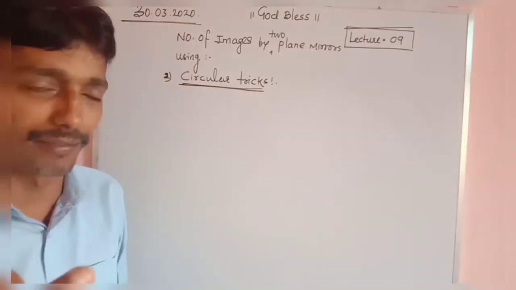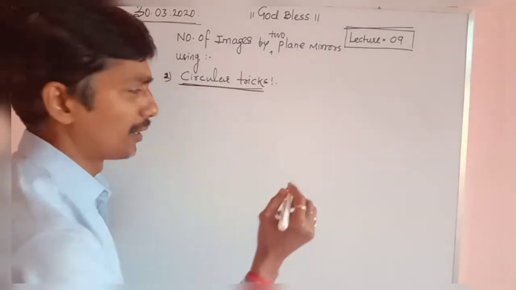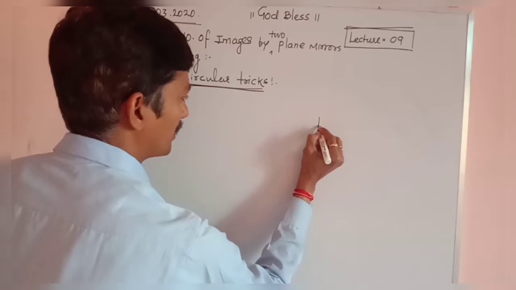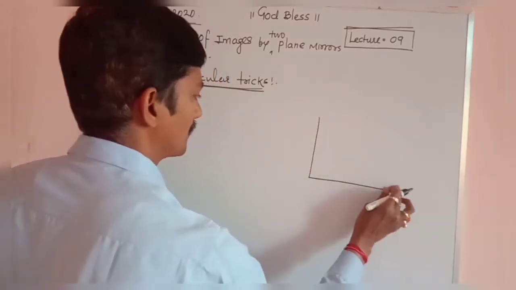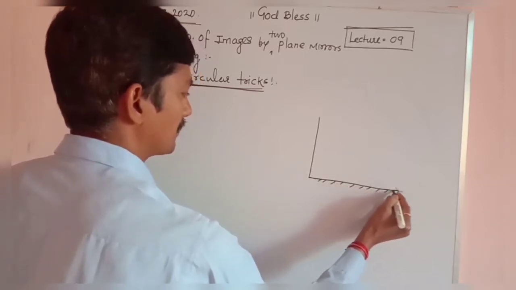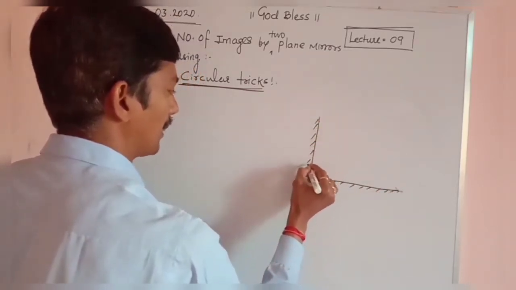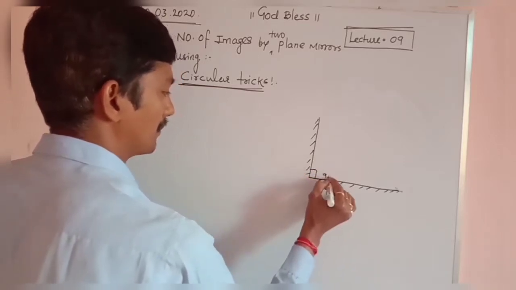Now what is the circular trick method? For example, take the normal one. Say I have got a mirror, and this is also a mirror, placed perpendicular to each other, that is 90 degrees.